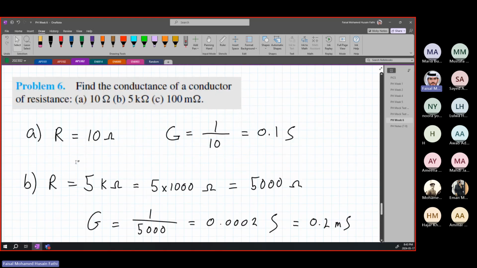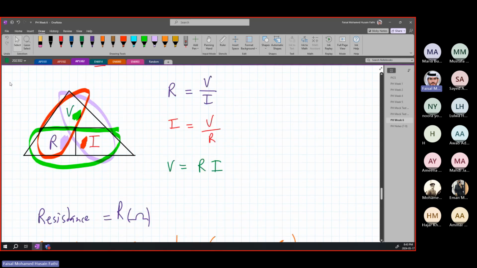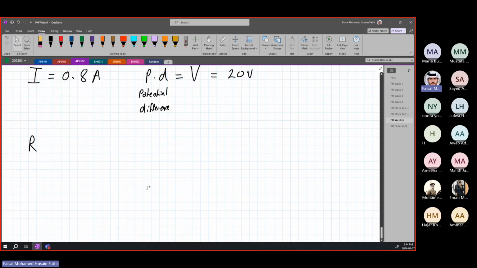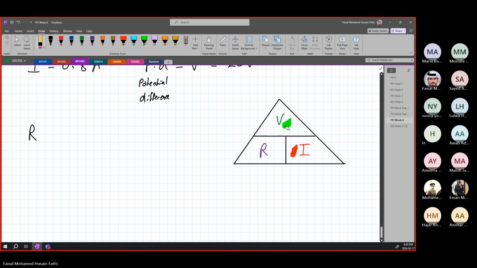So if you go back to our triangle, we are trying to find R. If I just copy paste this down one more time, I'll show you how we use it. I'm going to just use the triangle one time, so you guys just know how it's being used if it's easier for you. So this is our triangle. We are trying to find R in this case. So we're going to be circling everything that's not R, so we can have an equation in terms of the others.